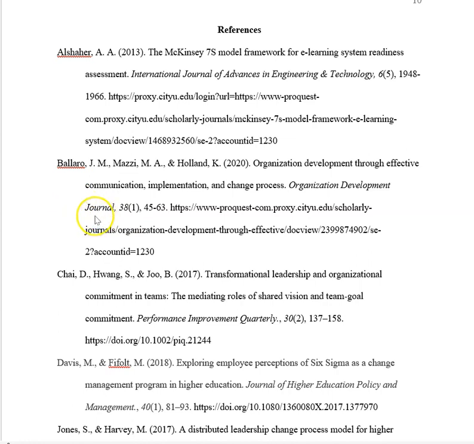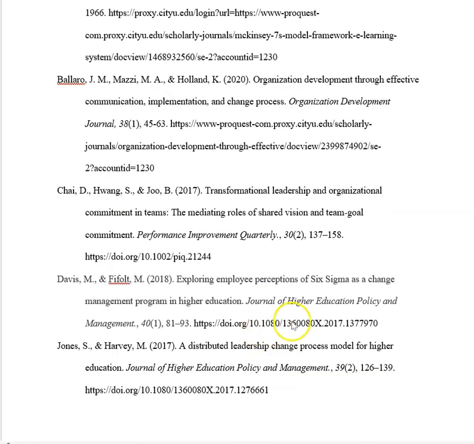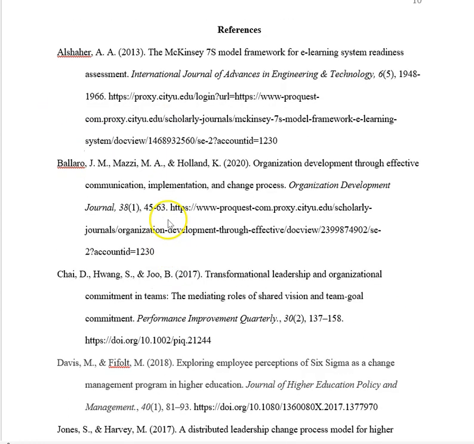Generally speaking, when there's the word journal or quarterly, those generally are scholarly references, but you find those by clicking the scholarly references. And again, it looks like the author did a nice job doing APA formatting. There's spaces after the periods. Publication titles are in italics.